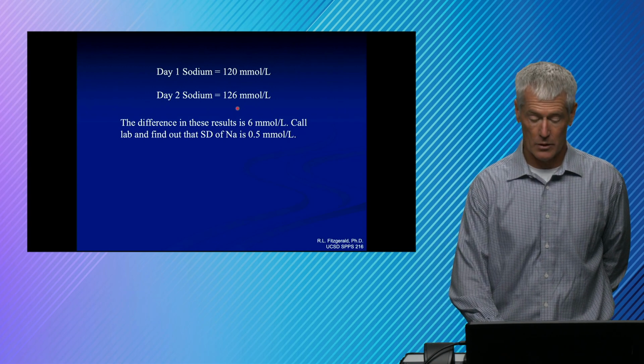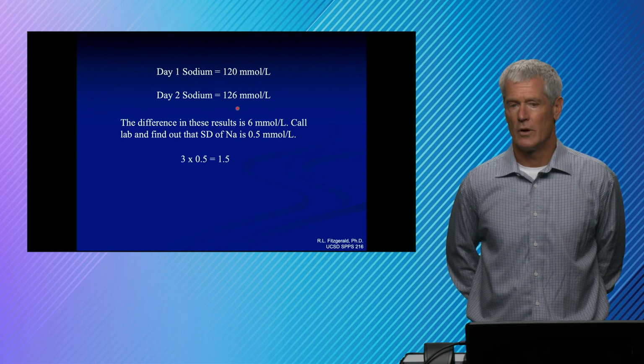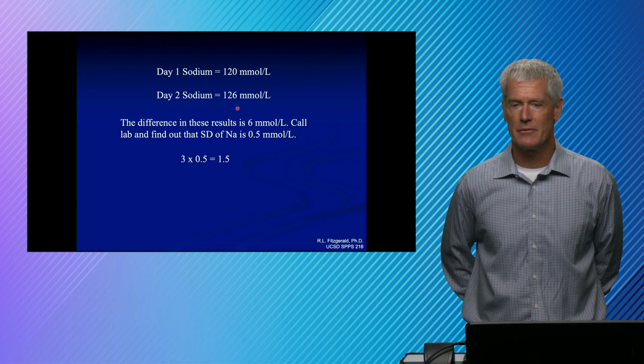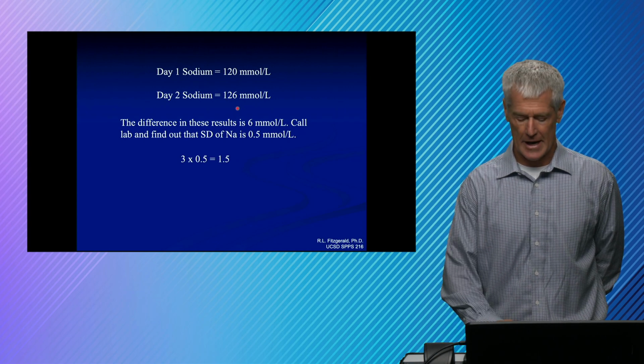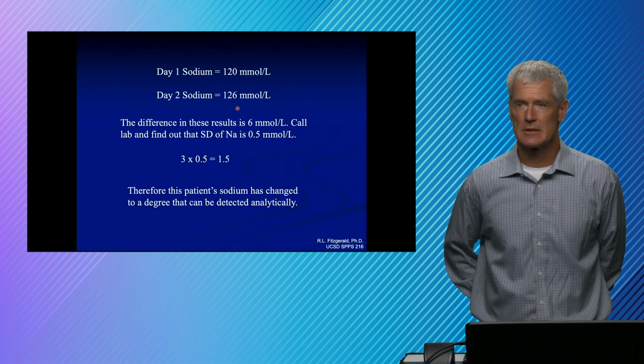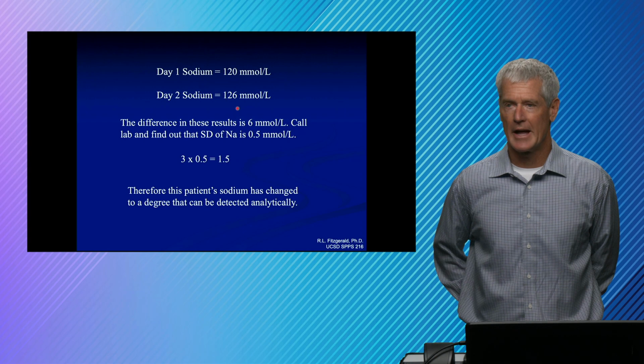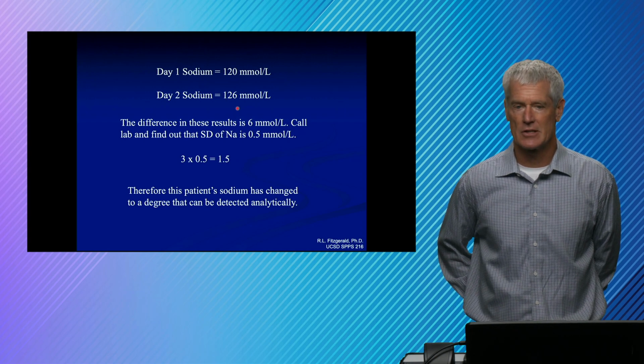You would multiply that standard deviation by 3, which is quite simple. So 1.5. 1.5 is a lot smaller than the difference of 6. So the imprecision of the test is plus or minus 1.5, that's 3 times the standard deviation.